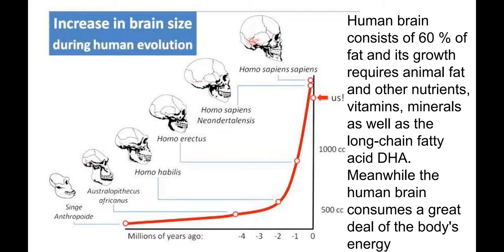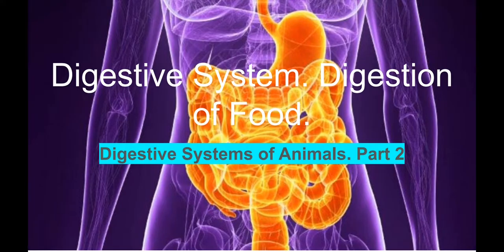Meanwhile, the human brain consumes a great deal of the body's energy, up to 30% of energy consumed, in this relatively small organ with 1,100 to 1,200 milliliters volume. So it needs a lot of blood supply, and of course, a lot of energy.